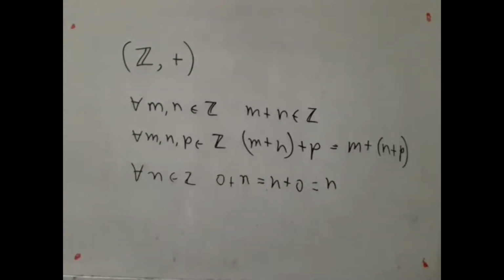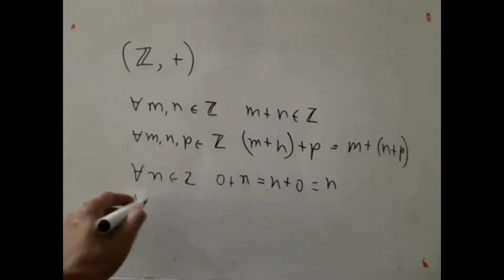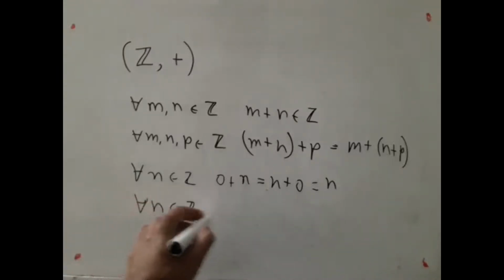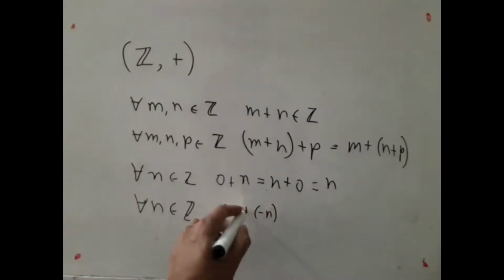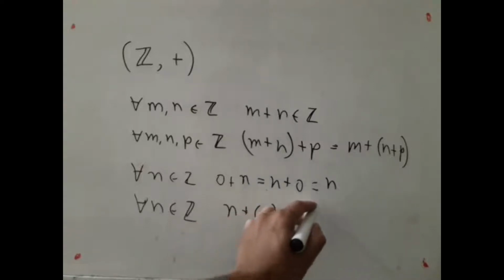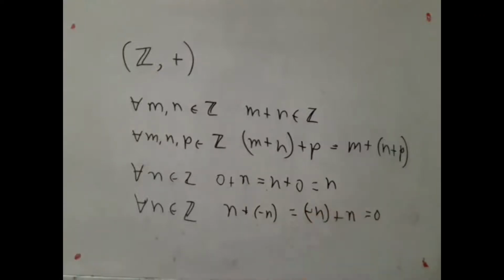And the role of the inverse is played by the negative of a number: for all n in Z, n plus minus n is again in Z, equal to minus n plus n, that is equal to 0. So it's a group. Not only that, it is an abelian group or a commutative group, because for all m, n in Z, m plus n equals n plus m.